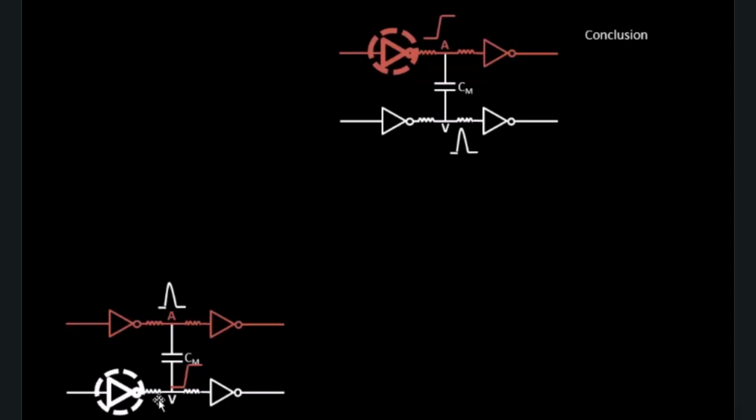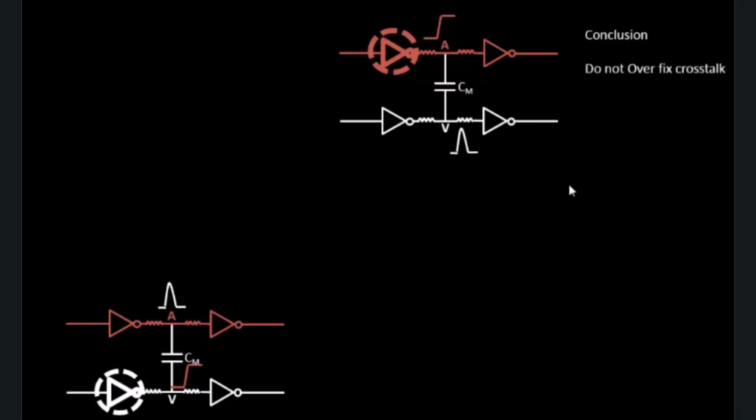By making the victim driver so strong, we have converted the victim to an aggressor, and we have converted the aggressor to a victim. So the most important conclusion that we need to make over here is, do not overfix crosstalk.